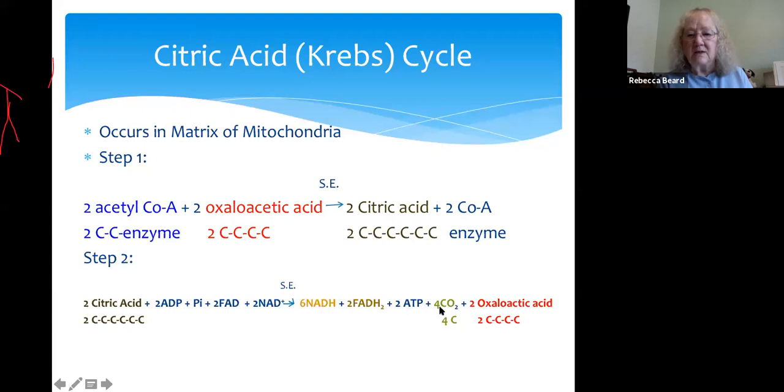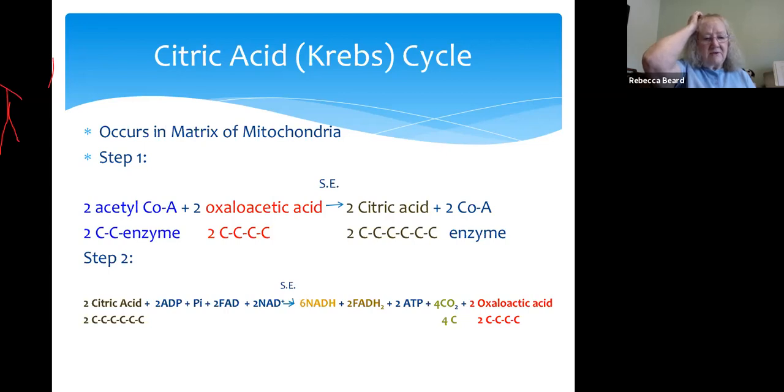And then we're going to end up with 4 molecules of carbon dioxide. So we're going to use the last 2 molecules of oxygen from here, and then, let's see, 4 molecules of oxygen, no, 6 molecules, wait a minute, 3 molecules of oxygen.